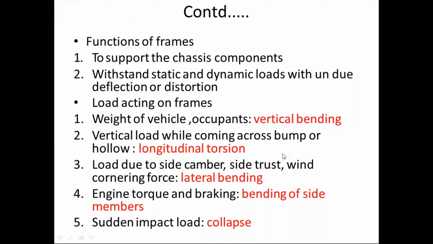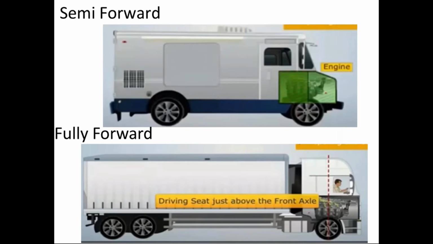Now, the first was your conventional type, then we have the semi-forward or fully forward type of engine. In the conventional type of automobile vehicle, the engine is totally present ahead of the vehicle, in the semi-forward type half of the engine is mounted below the driver's seat, and in the fully forward classification the total engine is mounted below the sitting area.